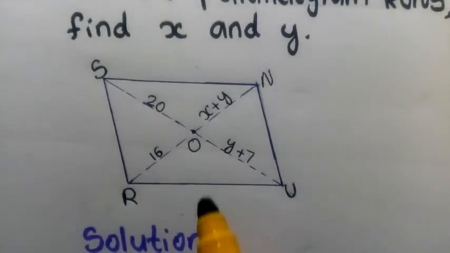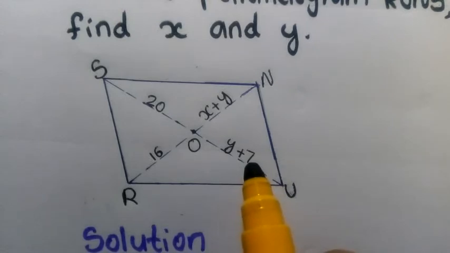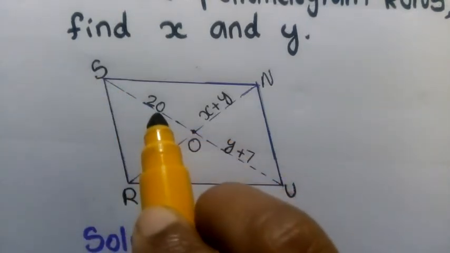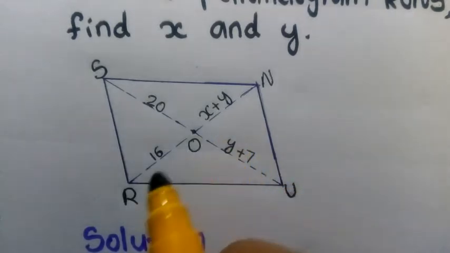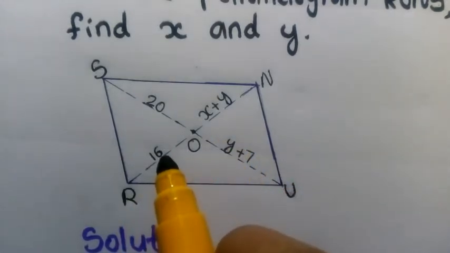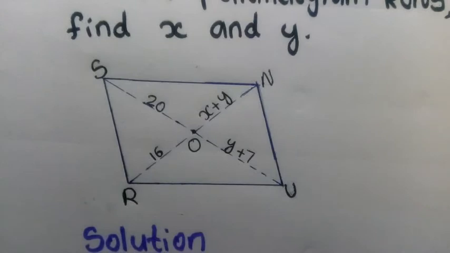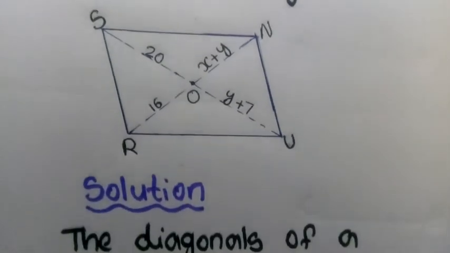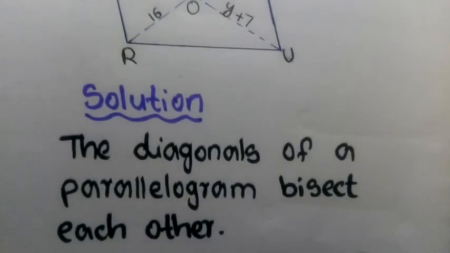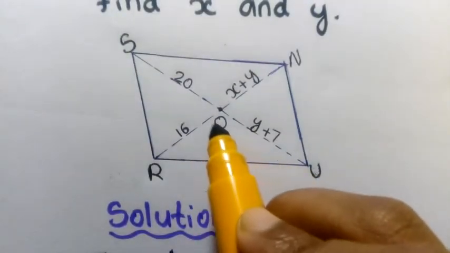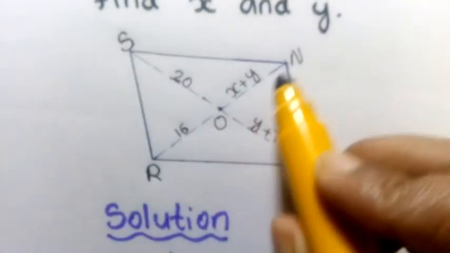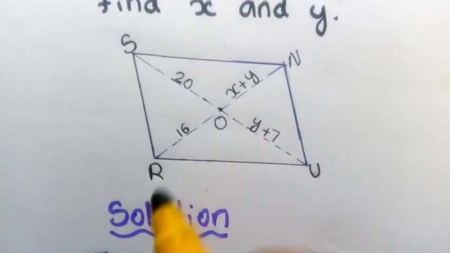Given OU is equal to Y plus 7, OS is equal to 20, ON is equal to X plus Y, and OR is equal to 16. By the property of the parallelogram, the diagonals of a parallelogram bisect each other. Therefore, OU is equal to OS and ON is equal to OR.